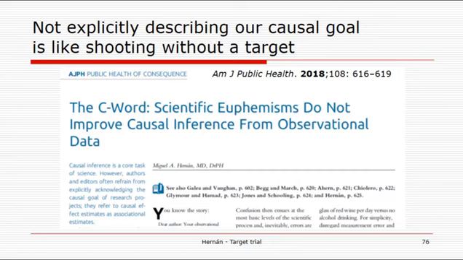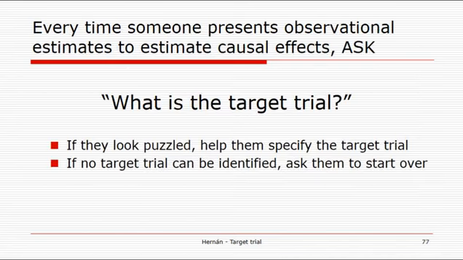We cannot explain what our target is. And if we cannot explain what our causal target is, then how can we justify our analysis to reach that target? So thinking in terms of a target trial is a way of still being explicitly causal without angering the editors of the journals, who don't want us to say that we're trying to estimate a causal effect. They say, fine, we're trying to emulate a trial and see if that works.